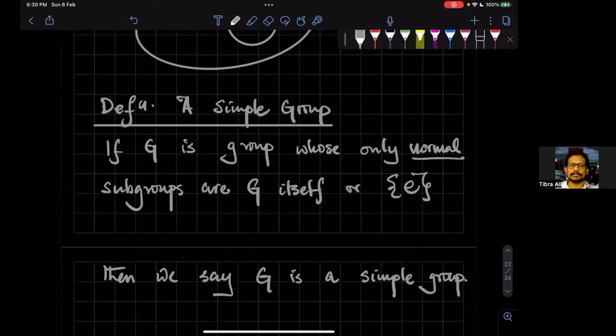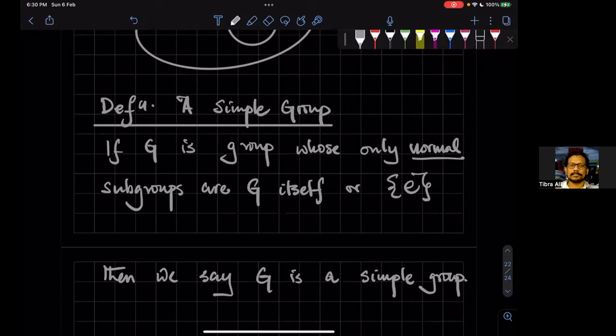But you might say, why didn't we define a simple group as a group which has no proper subgroups? The problem with that is that when you do discrete groups and also continuous groups, you will see that having proper subgroups is very common a lot of times.